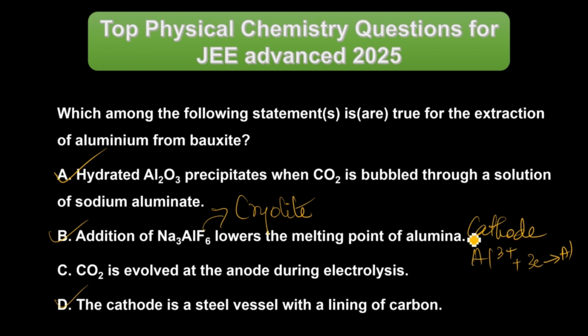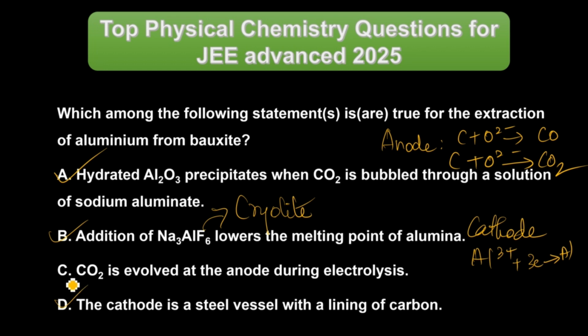As the anode part, carbon takes up oxygen to form CO, and then this CO and another carbon take up oxygen to form CO2. There is a varying amount of electrons involved over here, but anyway CO2 is evolved at the anode during the electrolysis process. So options A, B, C, D are all right.